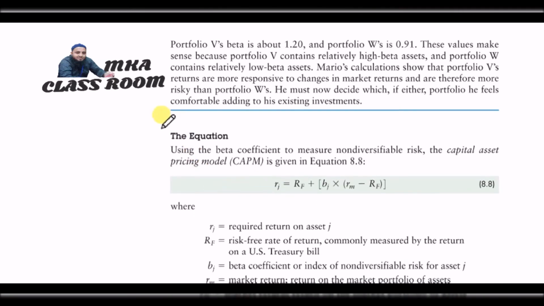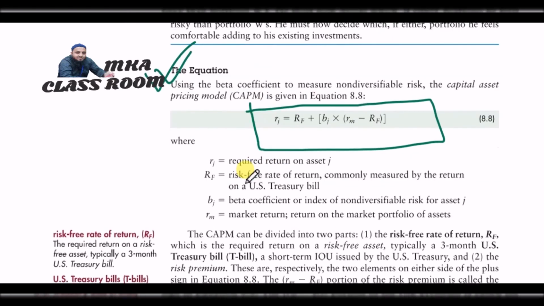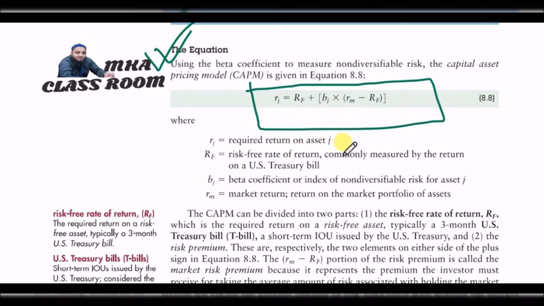Then we will see the equation of the CAPM, the capital asset pricing model. RJ is equal to RF plus beta J into RM minus RF. This is the capital asset pricing model. RJ is the required return on asset J. RF is the risk-free rate of return, commonly measured by the return on a USA treasury bill or government treasury bill.